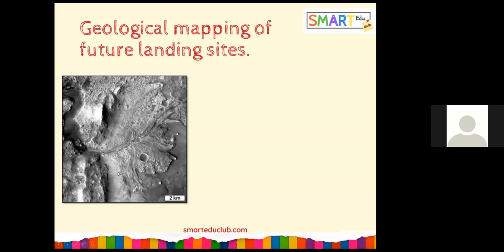So here to the left, we have just a close-up image of the landing site of Perseverance. I don't know if any of you read about the area where the rover landed.